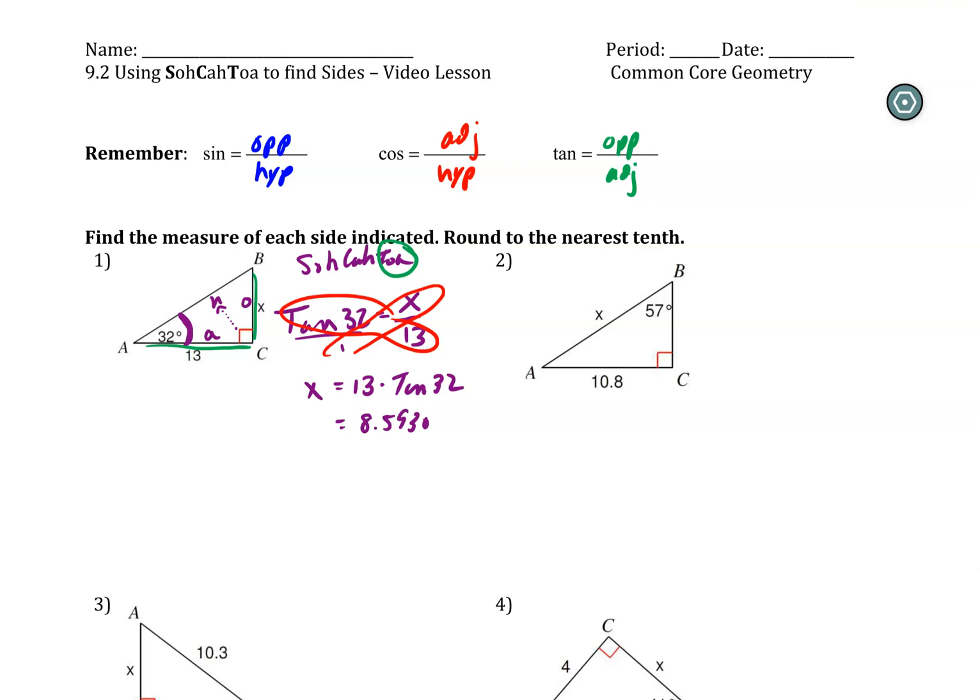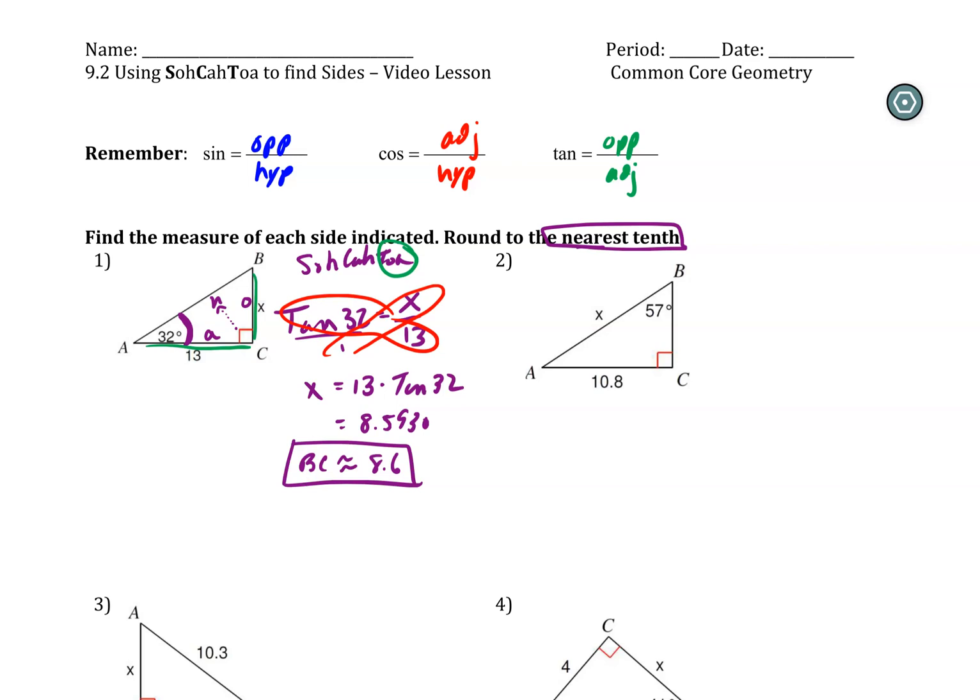I always recommend writing down the whole decimal and then going back and making sure you answer the question. They want all of these to the nearest tenth. So side BC is approximately 8.6 units. There's my answer for that one.